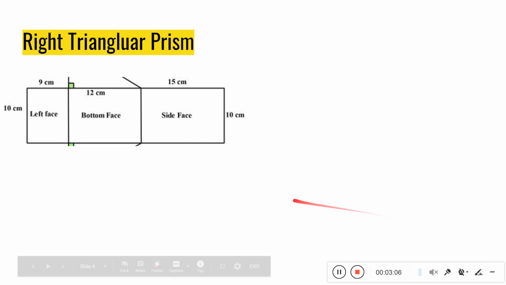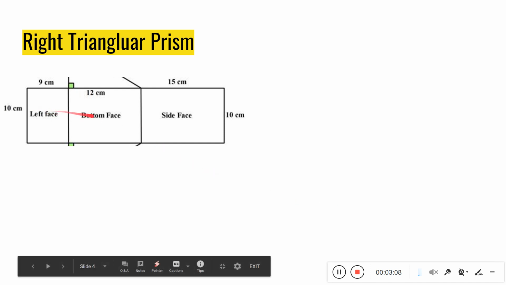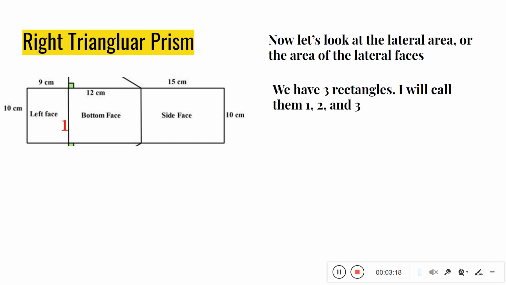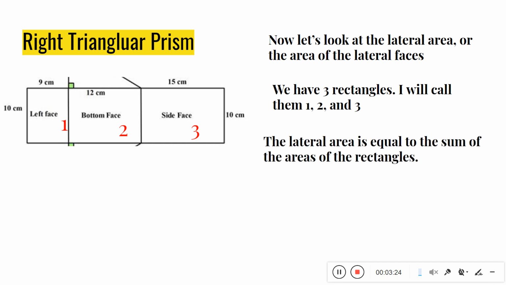Now we're going to look at the rectangles. So we have 3 rectangles. These are our lateral faces. Let's label these rectangle 1, rectangle 2, and rectangle 3. Now we're going to look at the area of each one of those rectangles. What we call the lateral area is the sum of the areas of these rectangles. The sum of the lateral faces, the area of the lateral faces is called the lateral area.